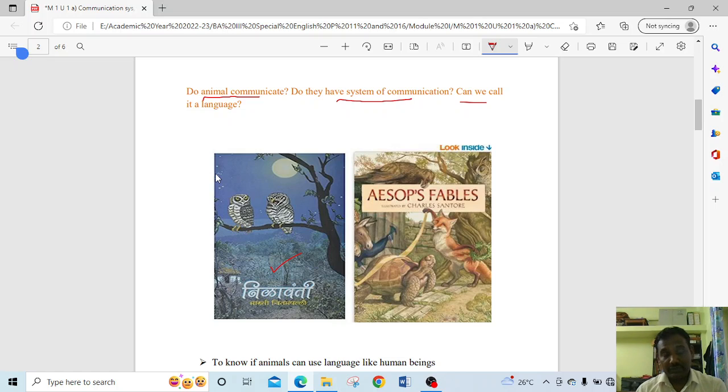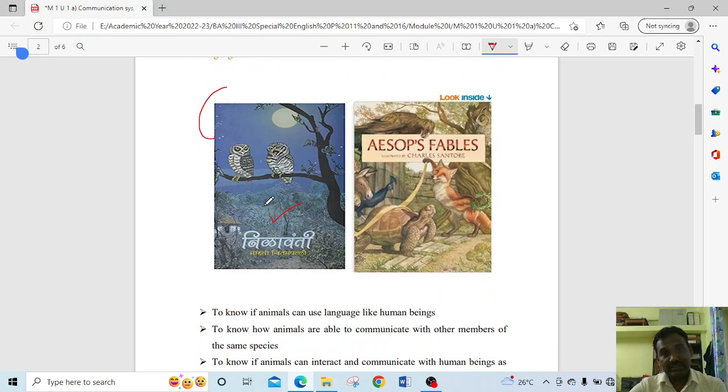You might have heard about this book. You have also read stories in Aesop's fables, in which we are told that animals speak like human beings with each other and communicate with each other. But this is all unbelievable. We can just read it and see it even in cartoon films, where some animals speak with each other. But this never happens.